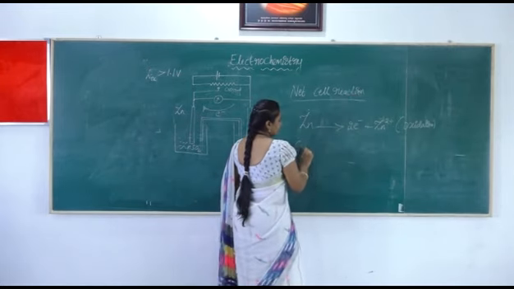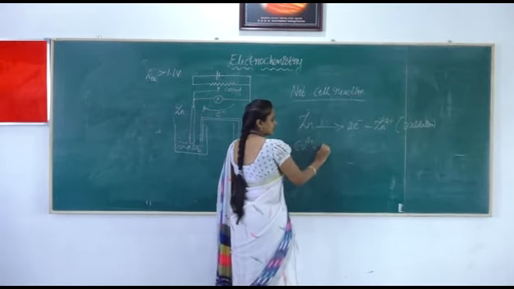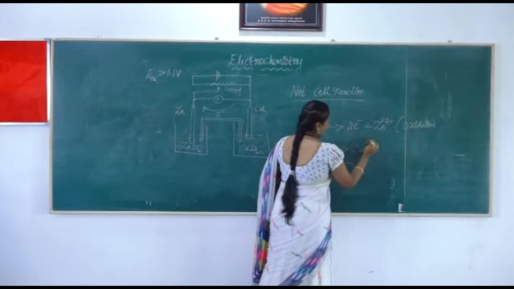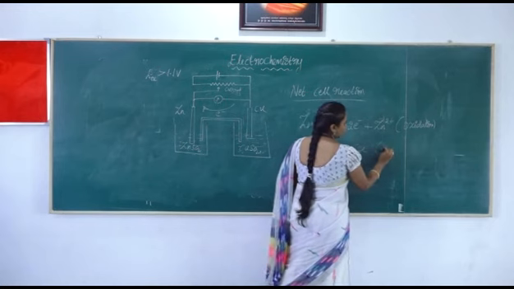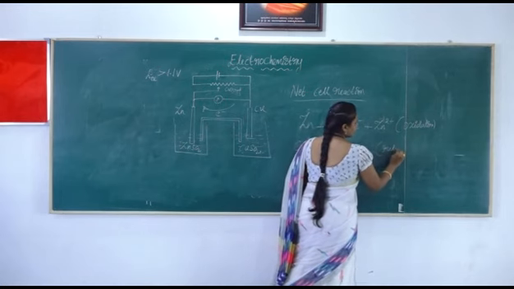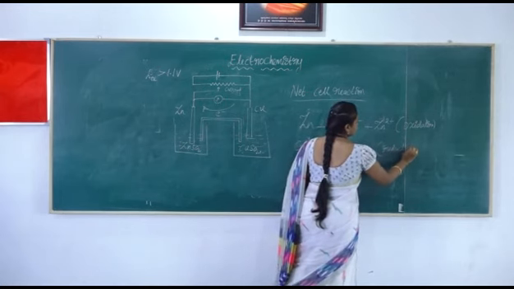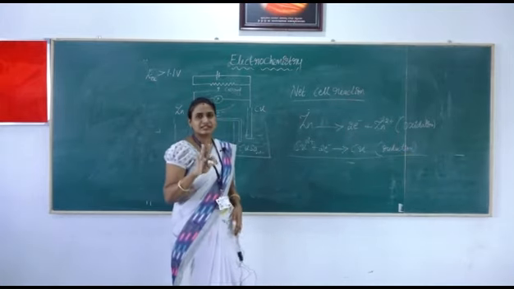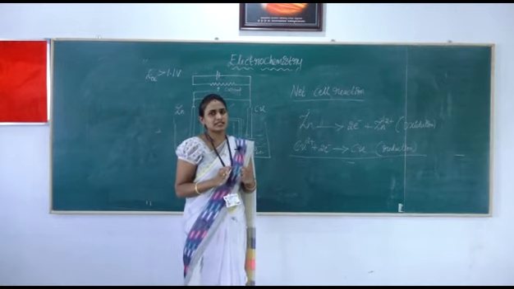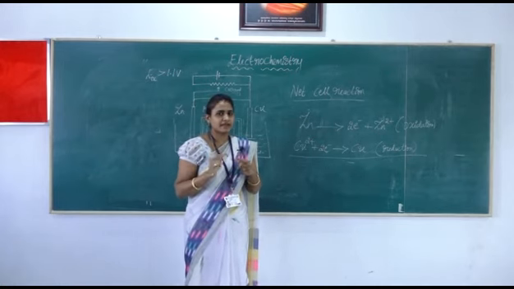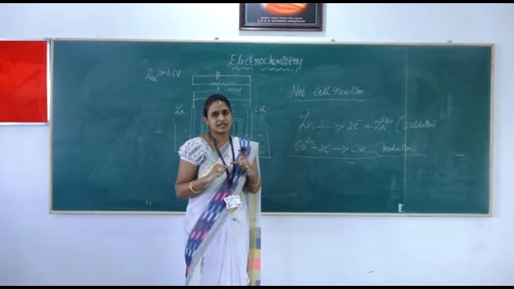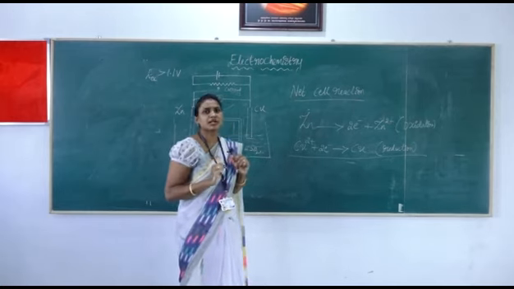Our copper has the tendency to accept electrons and be deposited as copper. It means it undergoes reduction. These two reactions clearly indicate that in our Daniell cell both oxidation and reduction take place. It means our Daniell cell undergoes a redox reaction.